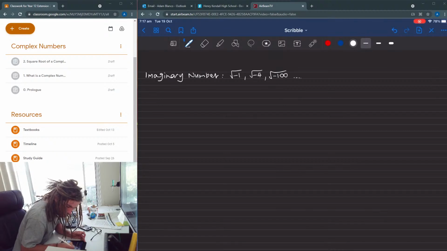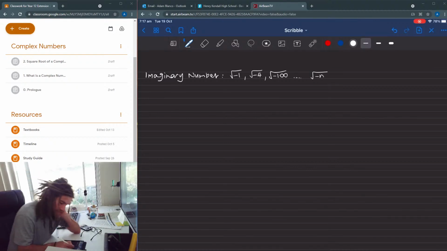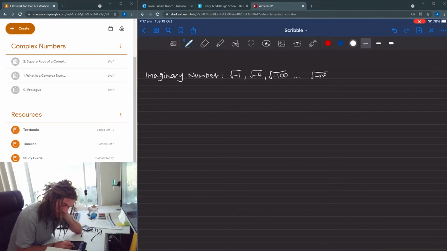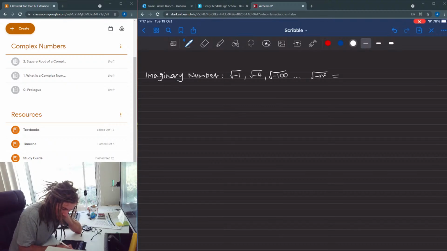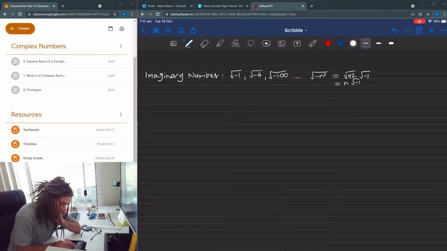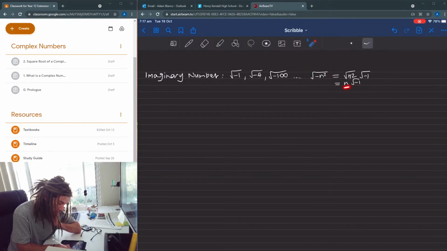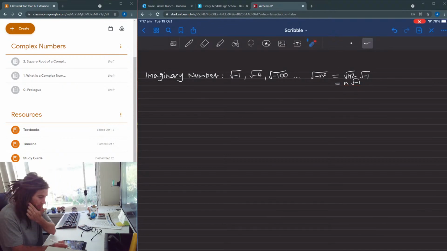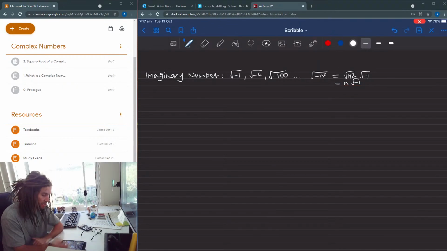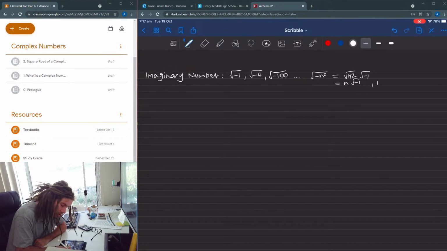So anything of the form root minus n is an imaginary number. And root of minus n squared, which I'll show you why, I can write as root n squared times root minus 1, which is n root minus 1. So anything of this form I can rewrite as a multiple of root minus 1, and anything I can write like that is considered to be an imaginary number. Here, n is just a normal number, whereas this is imaginary.